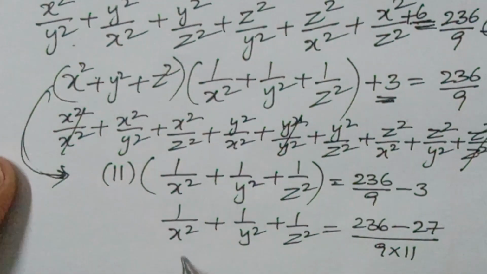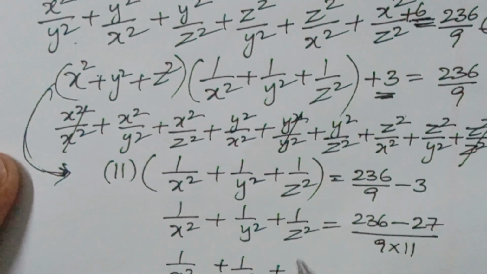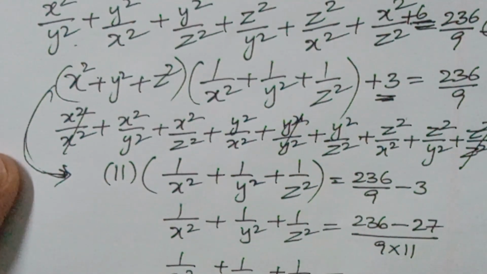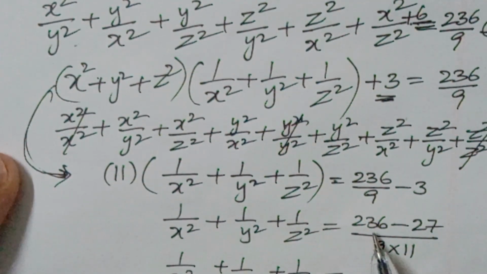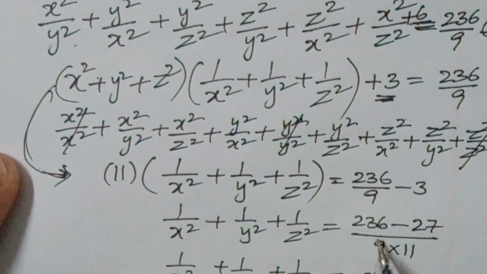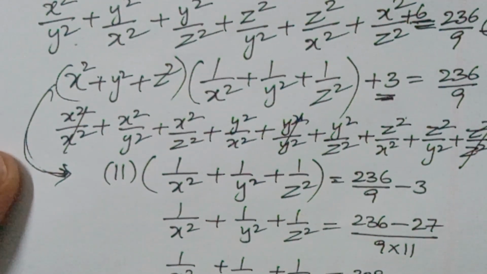So 1 by x square plus 1 by y square plus 1 by z square is equal to 209 by (9 into 11).